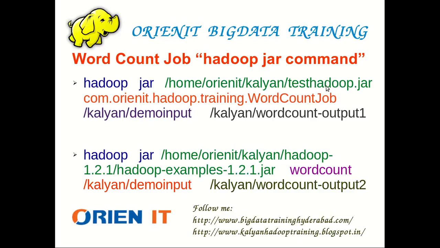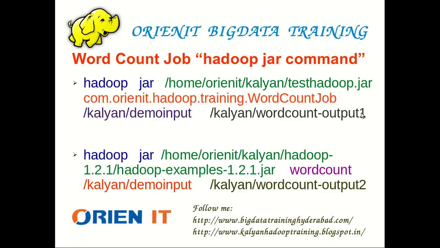Maybe this jar contains one main class, the word count job: com.orienit.hadoop.training.WordCountJob. This is my entire package along with the class name for the main class. And after that, I'll be passing one input file from HDFS, inside the Kalyan folder, demo input, and the expected output folder is inside the Kalyan folder, wordcount-output1.